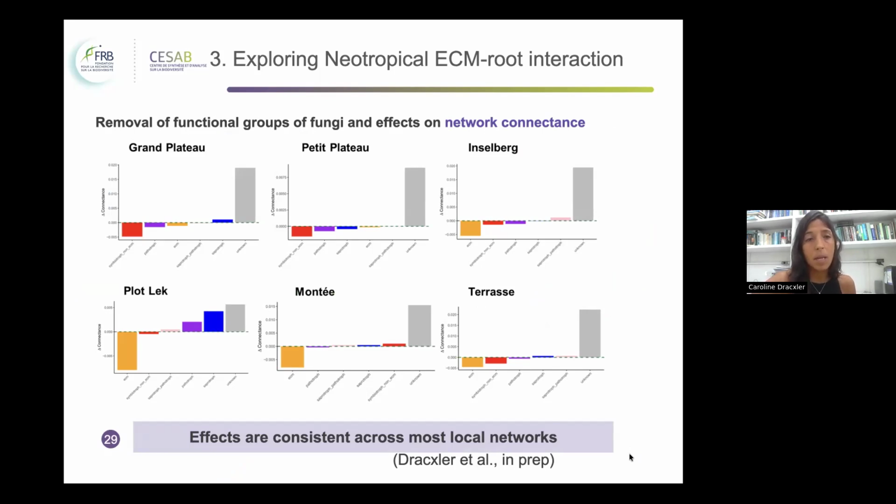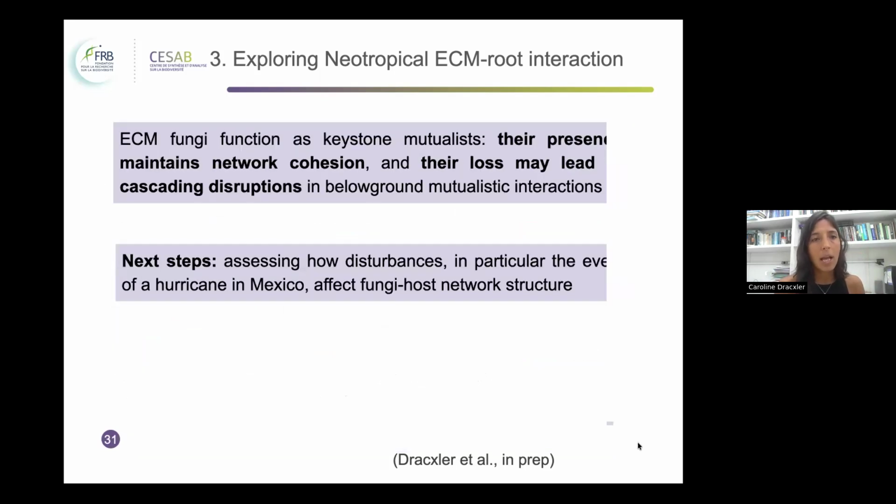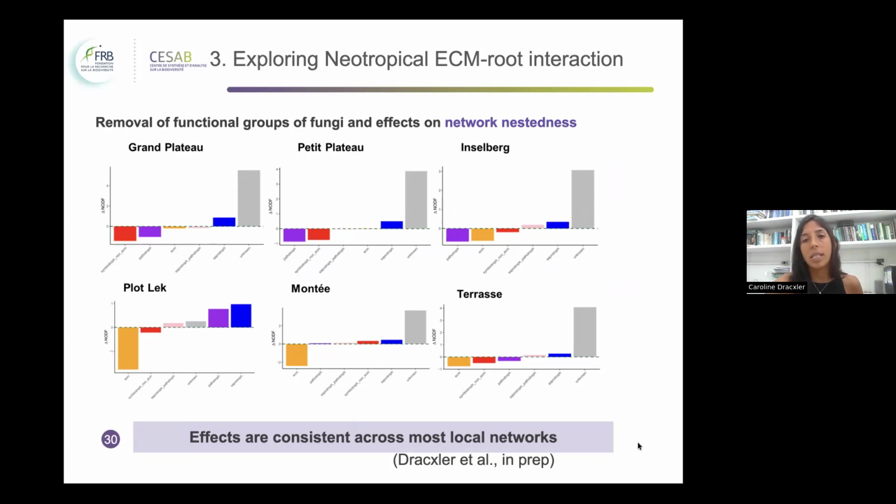And it may be related to the fact that these areas have more nutrient availability, for example, than the Inselberg areas and around Inselberg. And the same for nestedness, which is the next slide. We see that removing ectomycorrhiza had a very strong effect at Plot-Lec and Monte and Terrasse, whereas on the other side it had weaker effects.